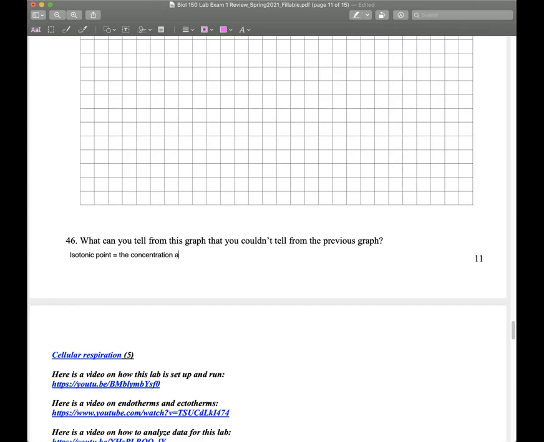Professor, and you said that the isotonic point is where, I guess, the line crosses the x-axis? Mm-hmm. Okay.